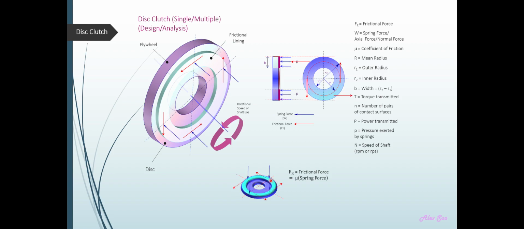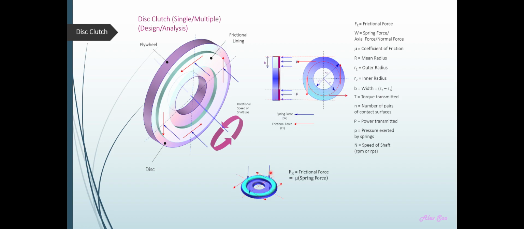I've already said the red arrows here refer to the friction, and we know that the definition of friction would be coefficient of friction multiplied by the normal reaction, the normal force. The normal force is the force which is always acting perpendicularly to contact surfaces. That means if you have two surfaces in contact, then you will have a normal force which is always acting 90 degrees to the contact surface.